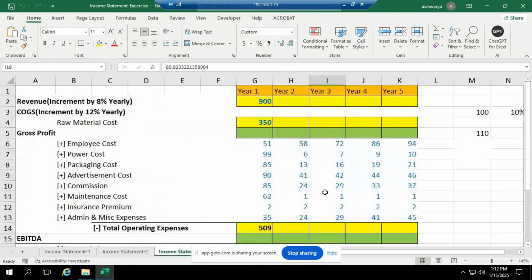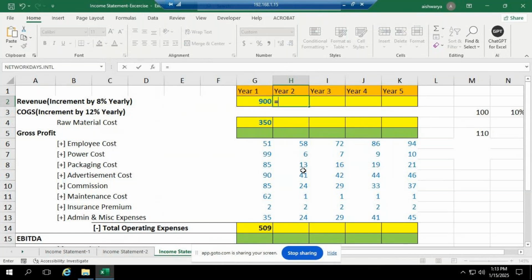This one also I have explained, I think. That means yearly, 8% it has been incremented. So how to calculate this? Is equal to 900.